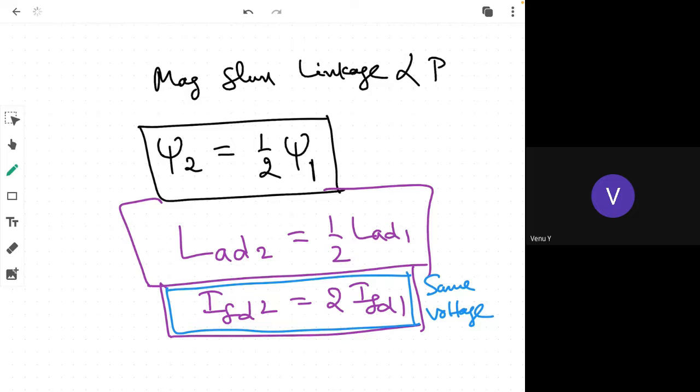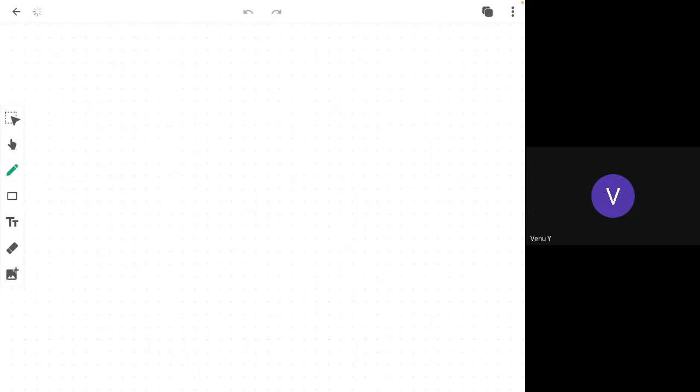So what is the SCR? Let us define the SCR. SCR equals the field current required at no load to generate the rated open circuit voltage, divided by the field current required to generate the rated short circuit current.